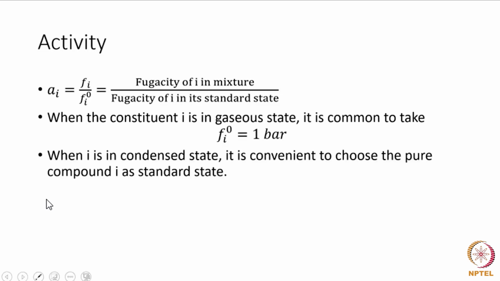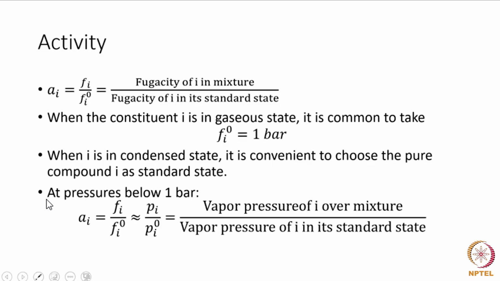When I is in condensed state, it is convenient to choose the pure compound I as standard state. When the pressures are very low, we can assume that the fugacities are nothing but the pressures. So Ai is equal to Fi by Fi naught, which is approximately equal to Pi by Pi naught, which is equal to the ratio of the vapor pressure of I over the mixture by the vapor pressure of I in its standard state.